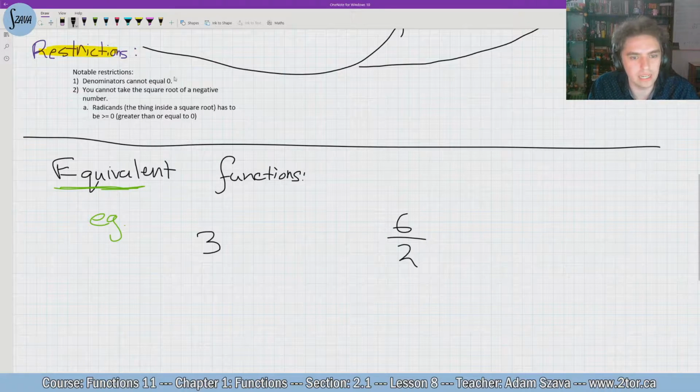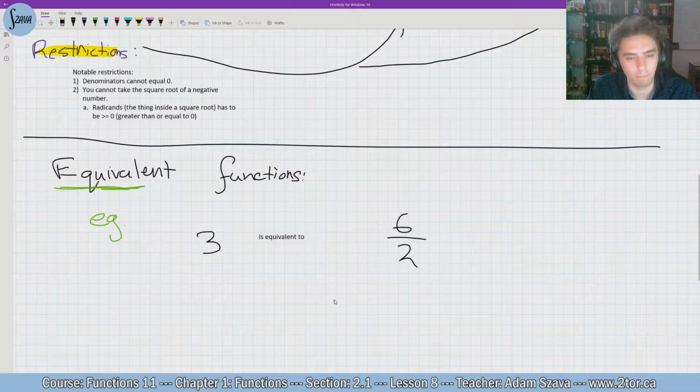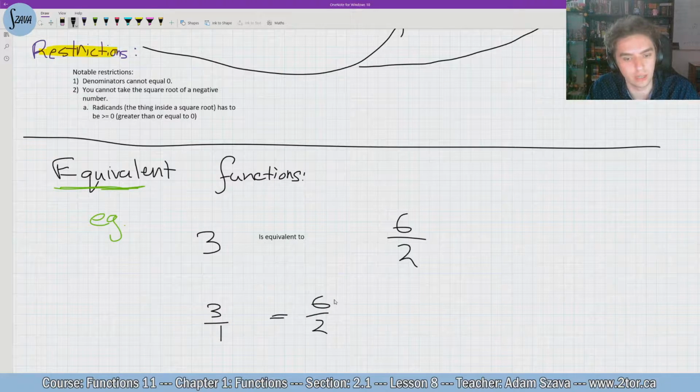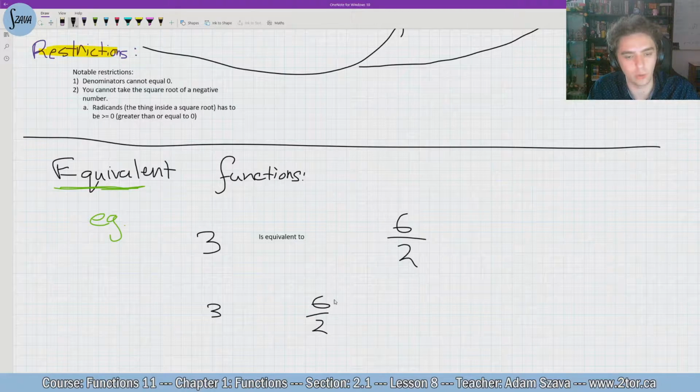So I would say 3 is equivalent to 6/2. In fact, 3/1 is equal to 6/2, and a lot of the time we just say 3/1 is equal to 3. But really, what we're trying to say is that they're equivalent. It's a different kind of relationship. Equals is sometimes asking a question, but we're saying that they're equivalent.